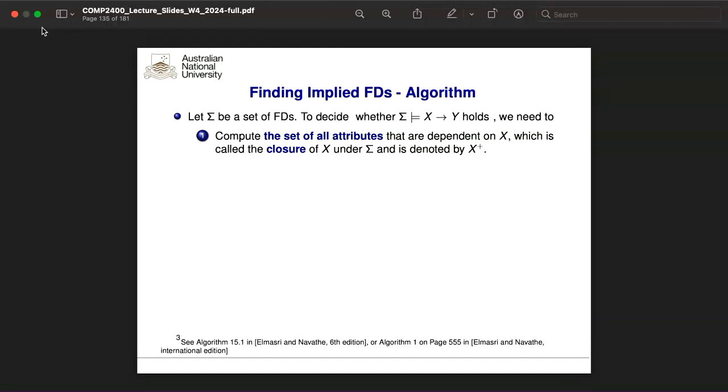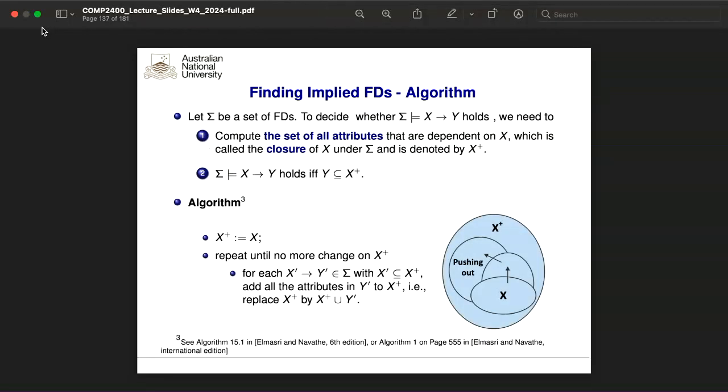The idea is, if we have a set of function dependencies, and we want to decide whether X determines Y is implied by this set of function dependencies, we can simply calculate the closure of X. The closure of X contains all attributes that depend on X. Once we have the closure, if the attributes in Y appear in it, then X determines Y. Then we can easily get the conclusion.